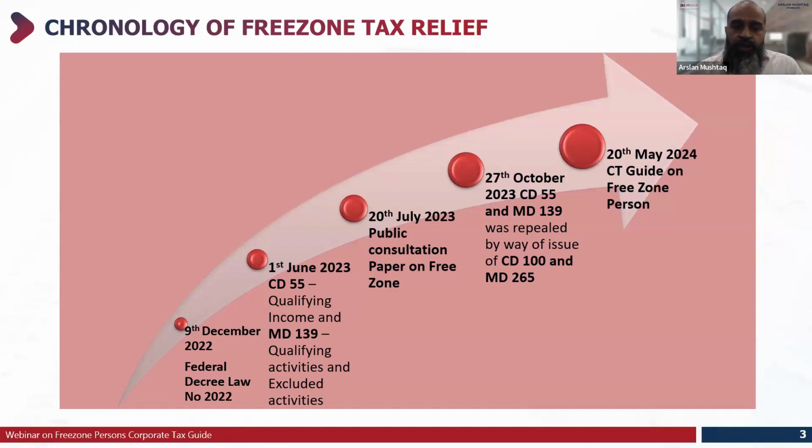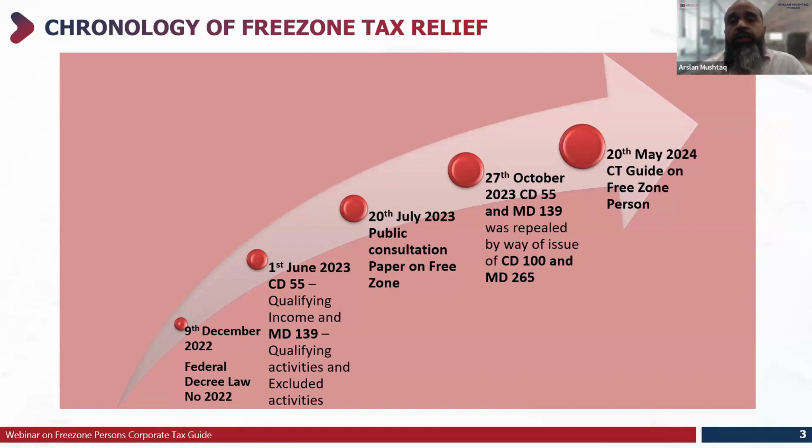So this is the entire journey of the free zones, given it's a very key area from an economy and from the business's perspective, and people were still not sure during the journey how entirely it was going to happen.